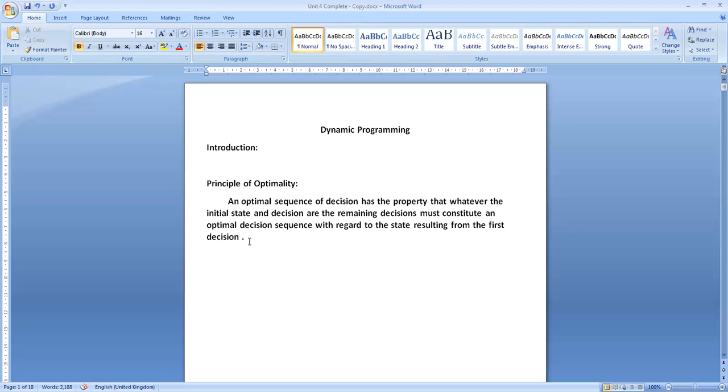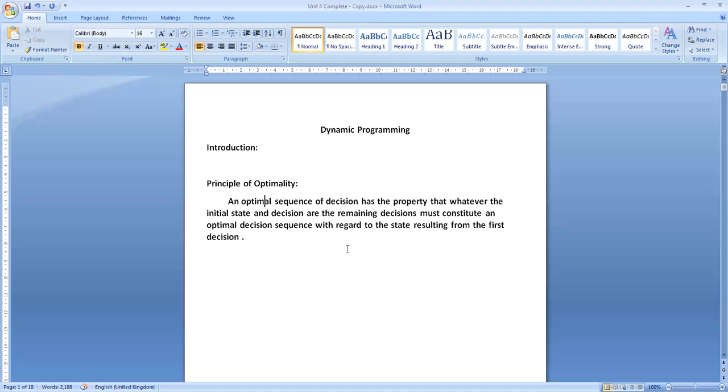It's not only with the first decision. If some decisions are taken wrongly in any stage of the problem solving, then the remaining decisions should constitute an optimal solution from the damage incurred in a particular stage.